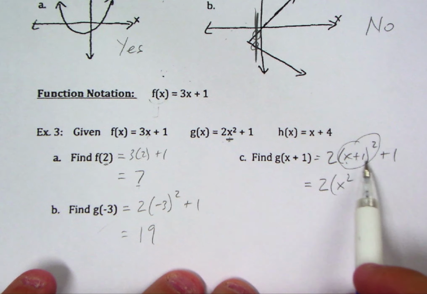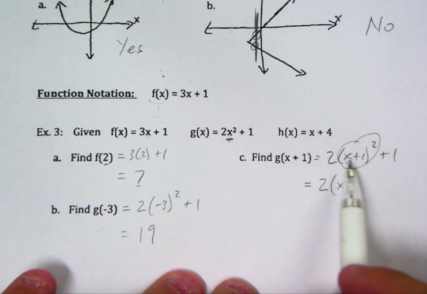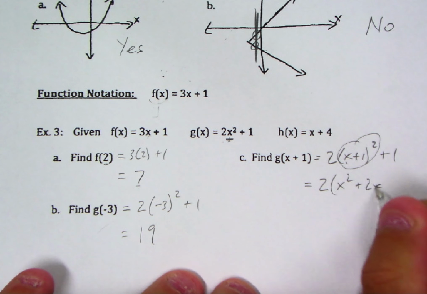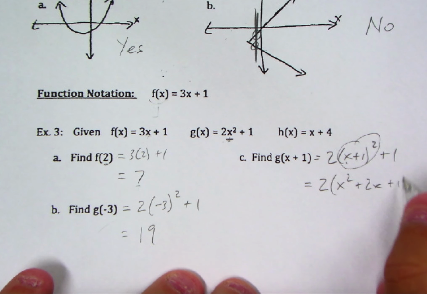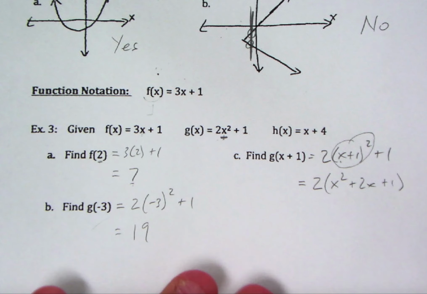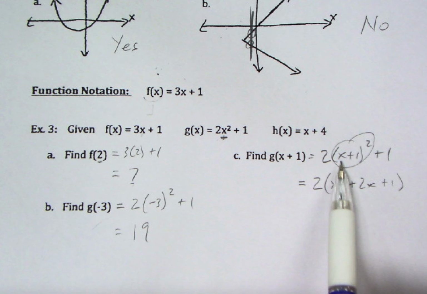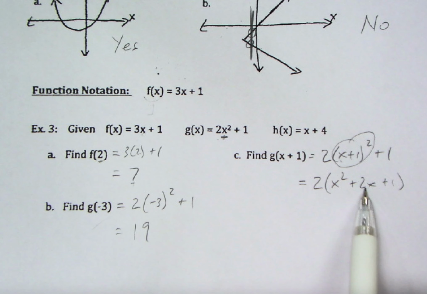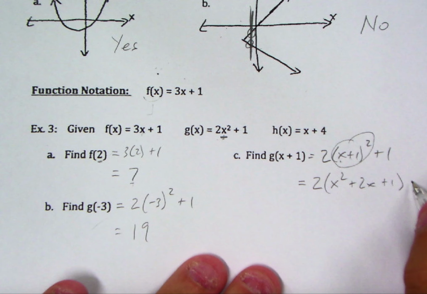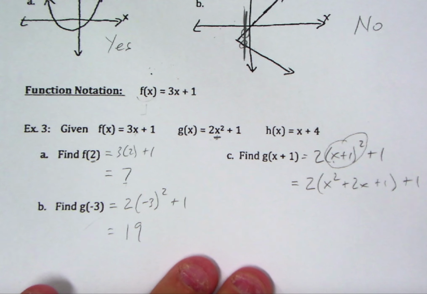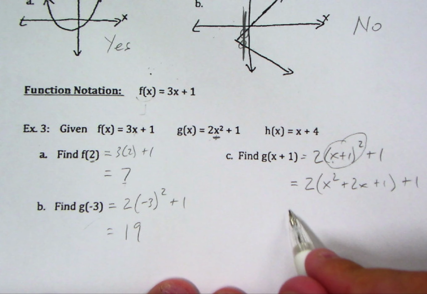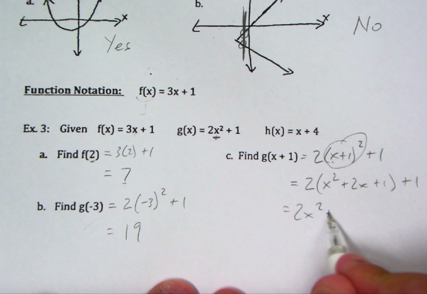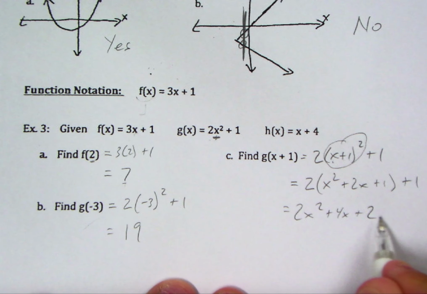So like you take the product and double it. So this would be x, so 2x. And then you square the second one. I do this every time I square a binomial. I never write it twice and FOIL it out. I square the first, I take the product and double it, and I square the second one. And then plus 1 is on the end. And then distribute, and then combine.